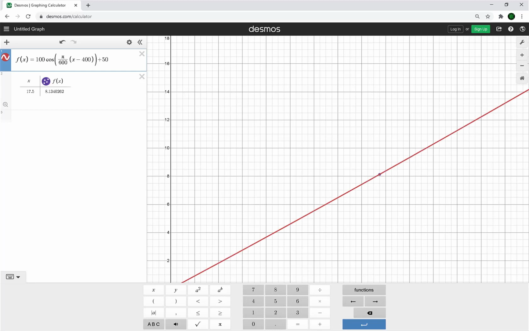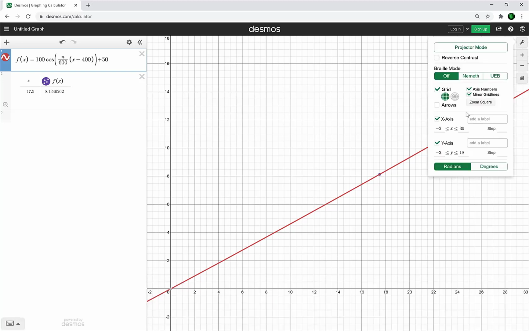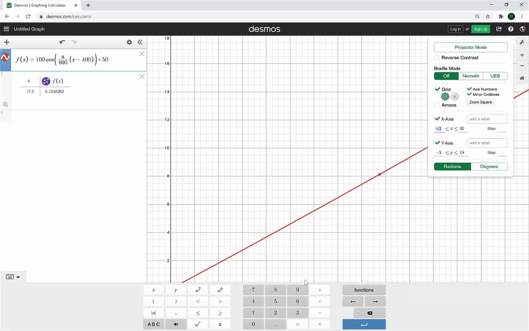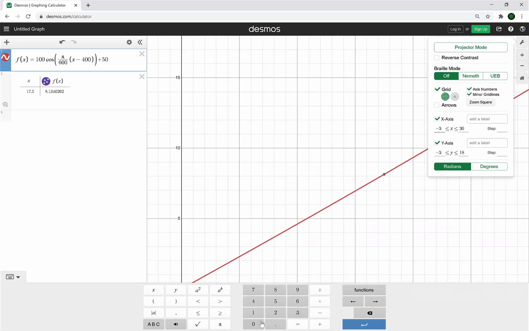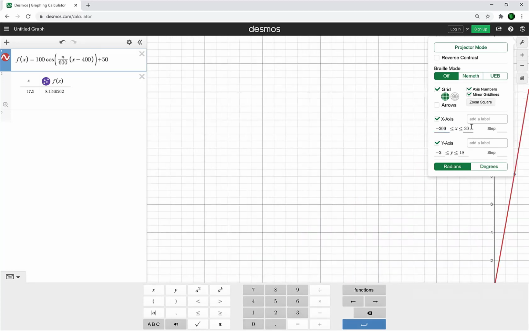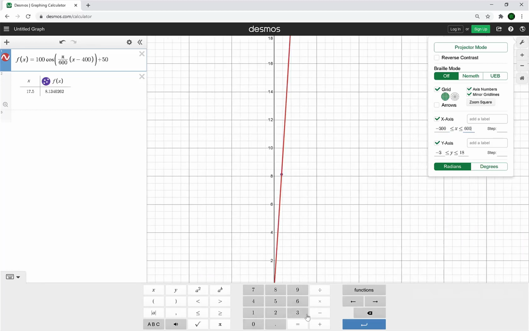All right, there it is. No, it's not linear. It's just that we're super zoomed in. Click on the little wrench. And let's see, let's go from negative 300. All I'm doing is going a little bit to the left of that drawing that I have there. And let's say that's 400. So let's go like to 600. And let's see, my depth, it's negative 50 is the lowest.